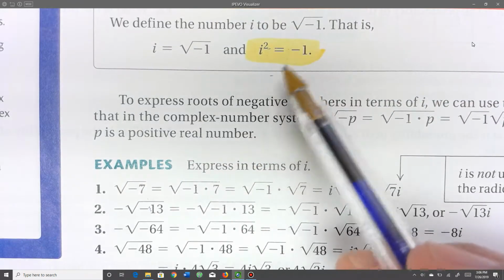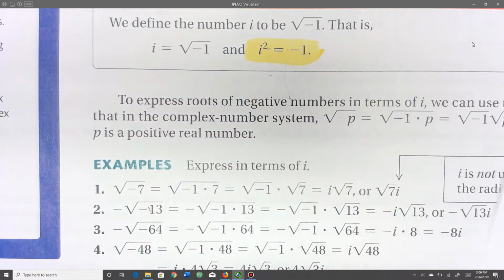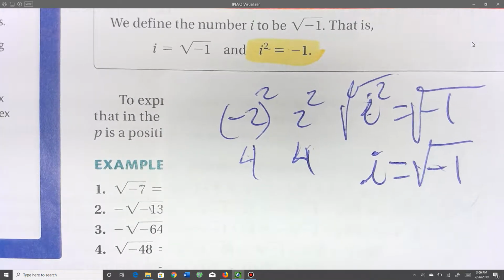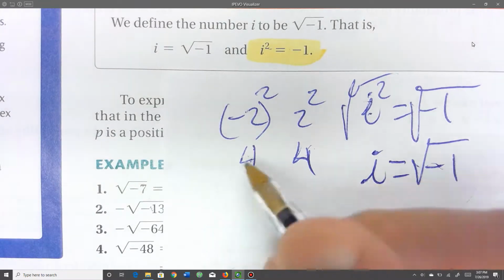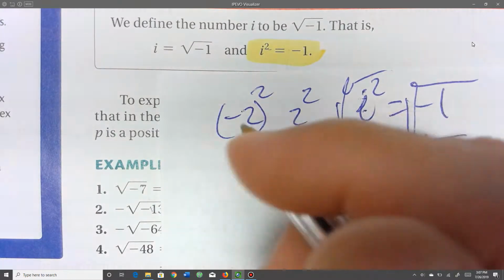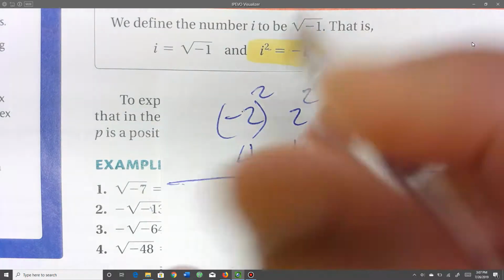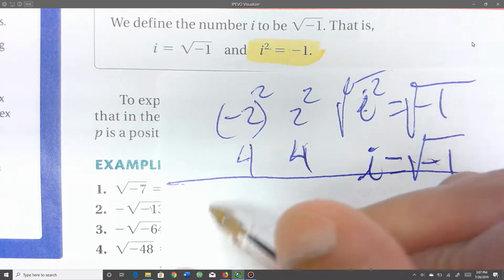And you can also think about it this way, and I think this is easier, because you are used to having perfect squares inside the radical sign.